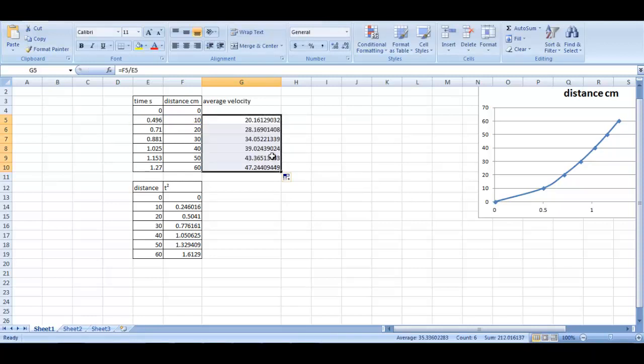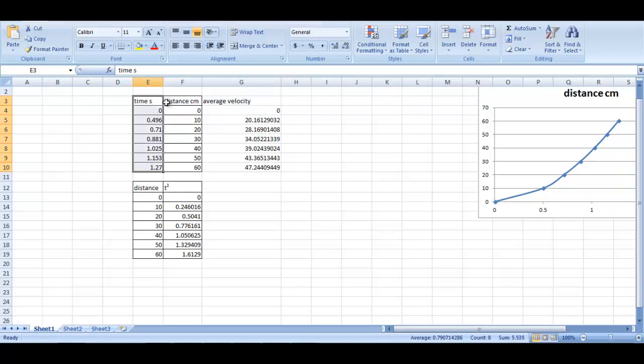Right, and we will do it for every distance, and we can actually guess that when the distance is 0, the velocity is 0, because we released the ball from rest. We cannot divide 0 by 0 to get the average velocity here. And I will actually do this.